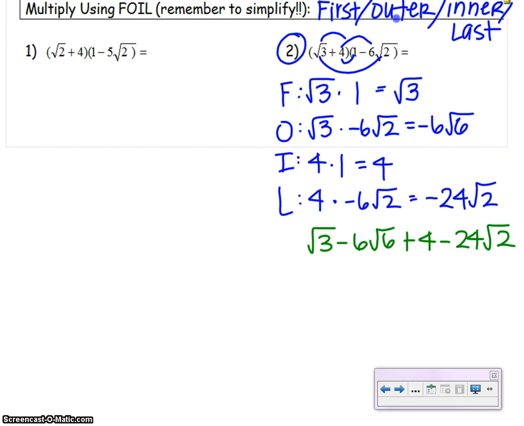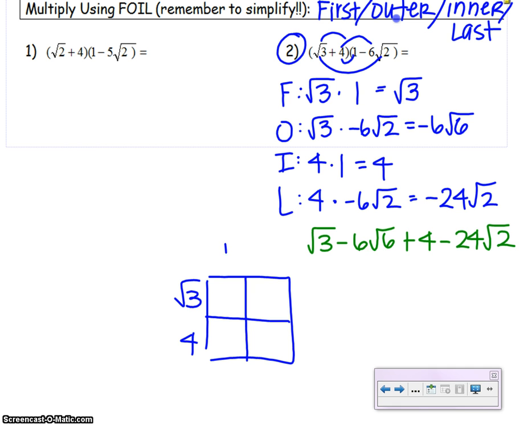Now we're going to sit back and be amazed by this box method. So she draws a box. She puts 4 boxes in there. And then the square root of 3 and 4 goes on the vertical, and then 1 minus 6 root 2 goes on the horizontal, and then I think she just multiplies.